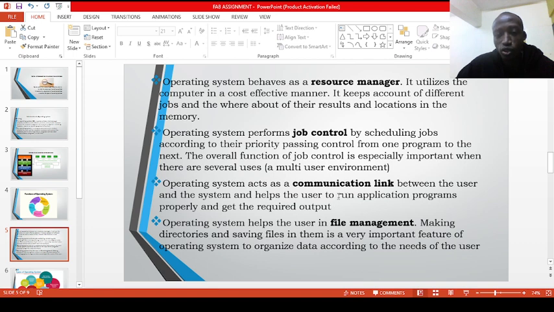It enables us to stay unbothered about how the computer architecture has been designed, or how the various hardware components have been arranged. The operating system also helps the user in file management, where making directories and saving files is a very important feature of the operating system.